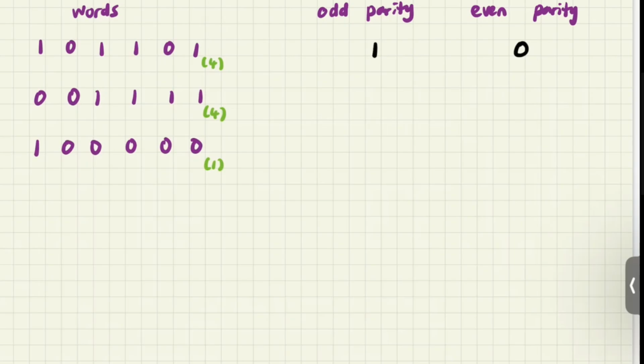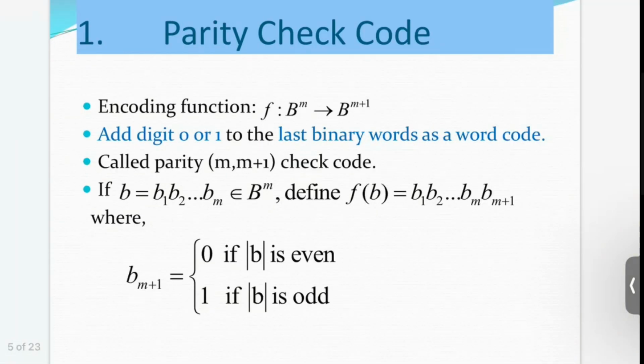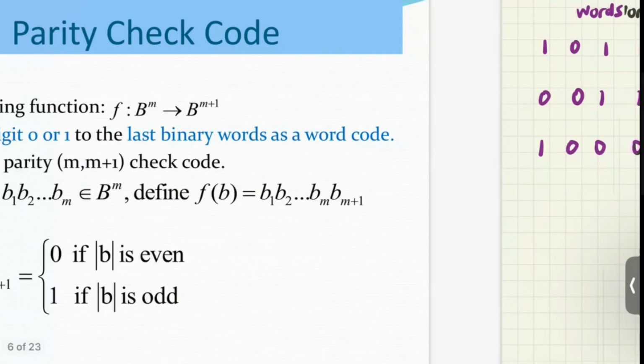So in this case, the weight will become 5, right? And this 4. You just add it to the last part of the word, as the last binary digit.